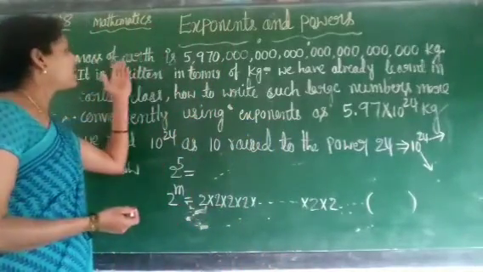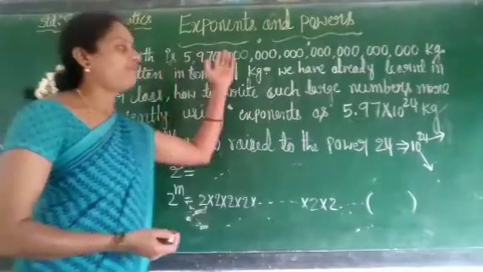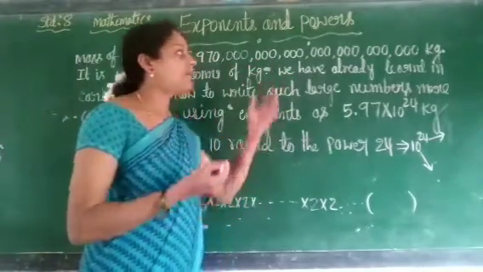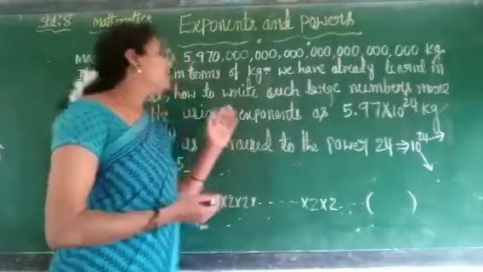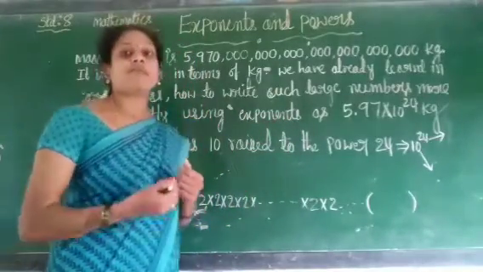First, the mass of the earth is a very large, big number. It is written in terms of kg.